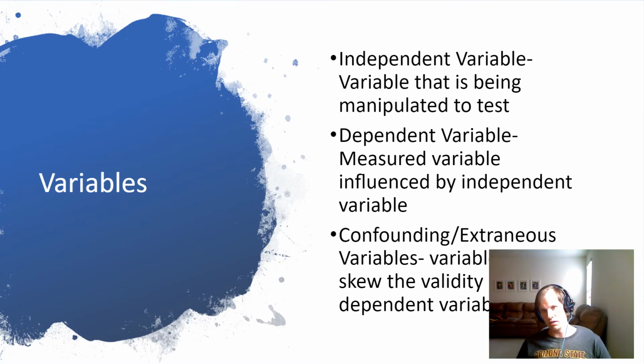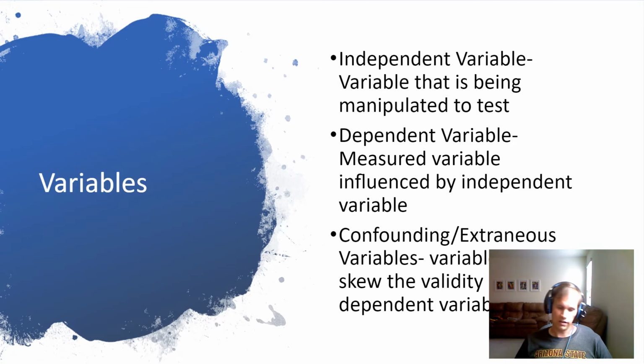So it would be the test scores. That's the data that you're getting, the dependent variable, and then everything else is confounding or extraneous variables that you need to make sure are constant and not interfering with the independent variable.